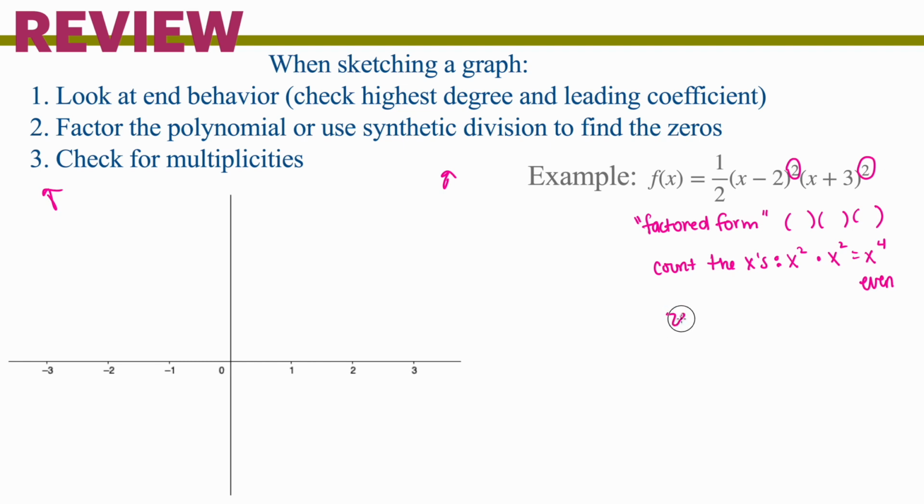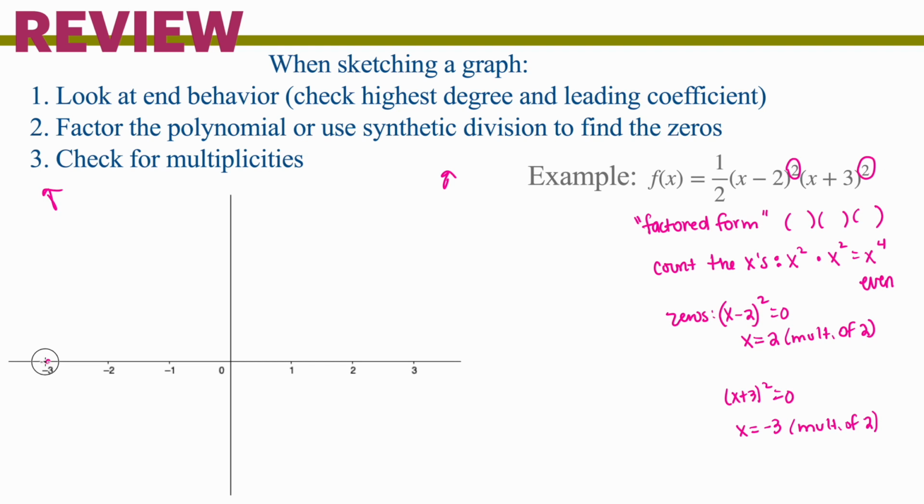So now we're going to find the zeros. We have x minus 2 squared equals 0, and we have an x plus 3 squared equals 0. So we know that at x equals 2, there is a multiplicity of 2 because of the exponent, and at x equals -3, there is also a multiplicity of 2.